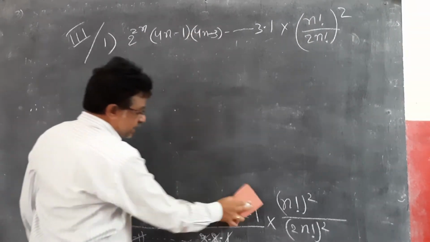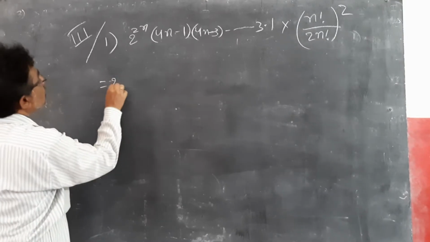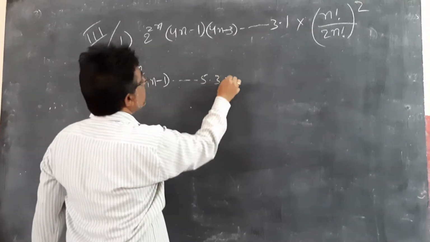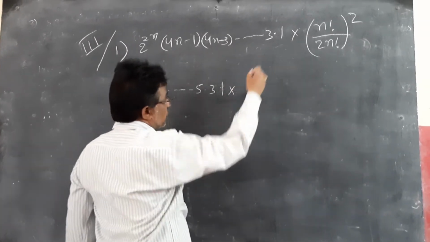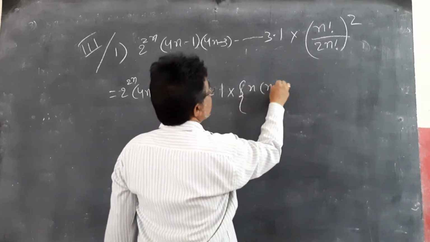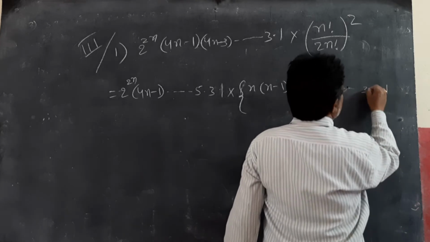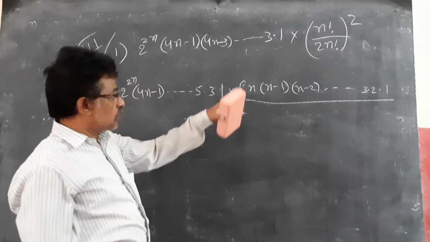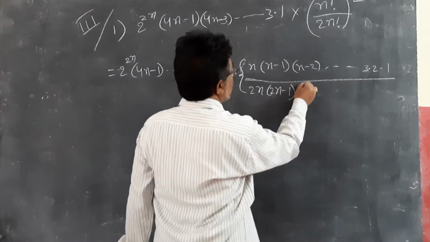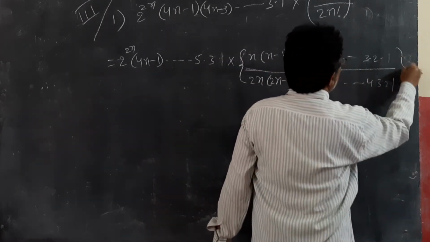Now simplify this. This is equal to 2 power 2n into 4n minus 1 into 4n minus 3 into and so on till 5 into 3 into 1, into n factorial. n factorial I can write as n into n minus 1 into n minus 2 into and so on till 3 into 2 into 1, divided by 2n factorial, which I can write as 2n into 2n minus 1 into 2n minus 2 into and so on till 4 into 3 into 2 into 1, whole square.